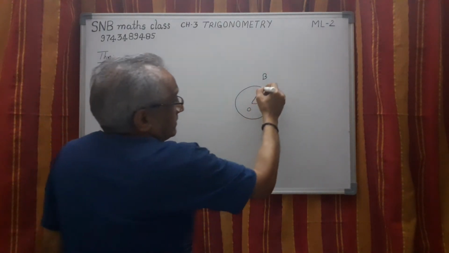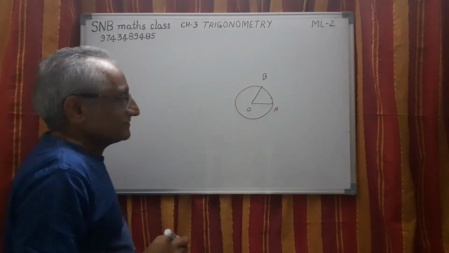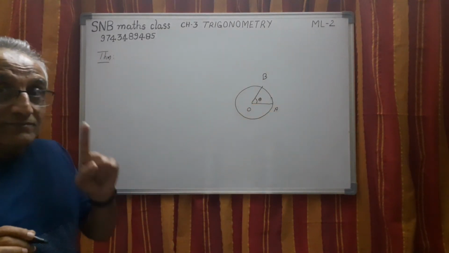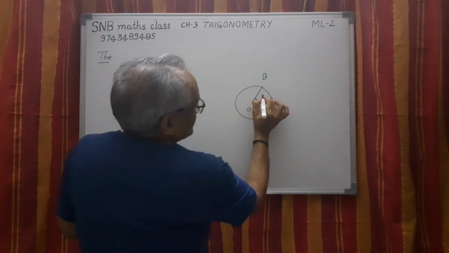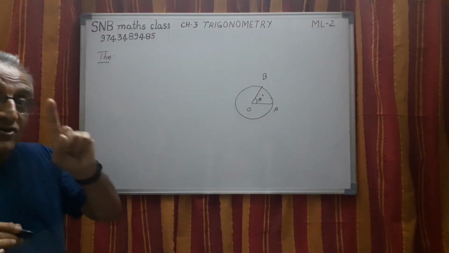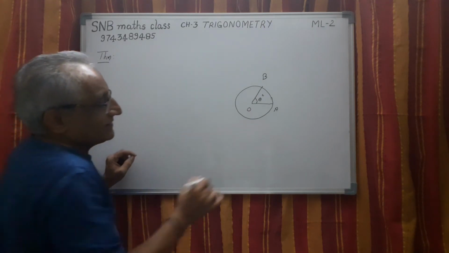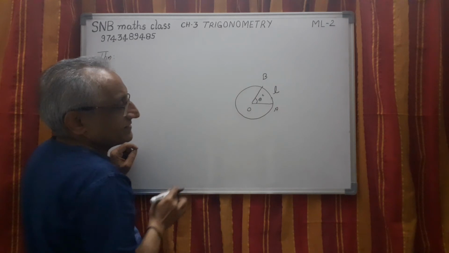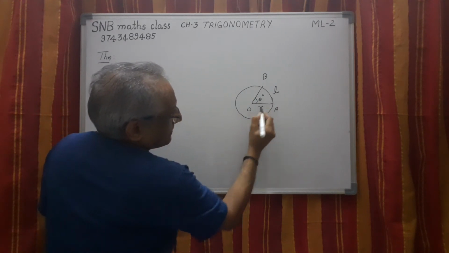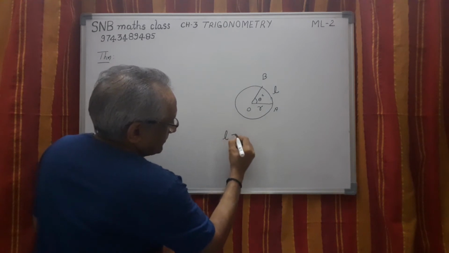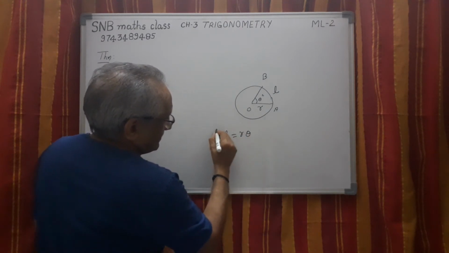Now I want to find what is this length. Suppose this is the angle theta, but the condition is theta should be in radian, not degree. Then suppose L is the arc length AB and radius is R. Then the relation is this, L equal to R theta.